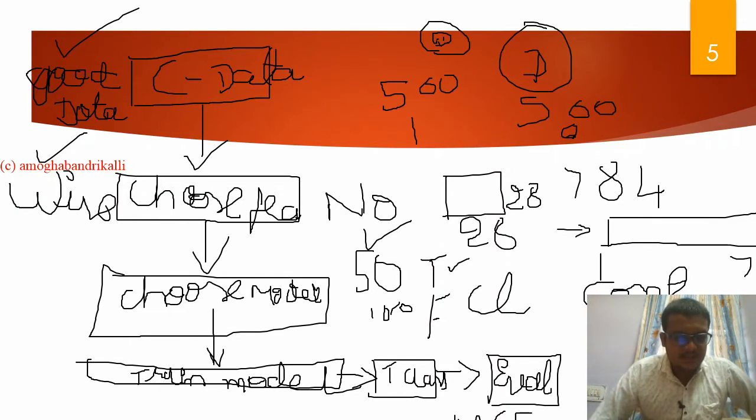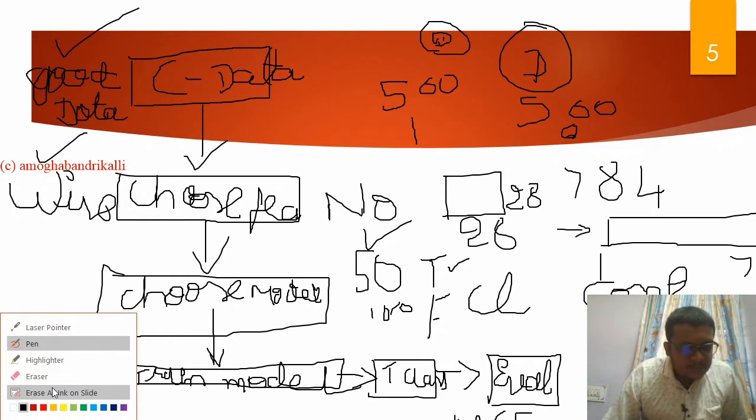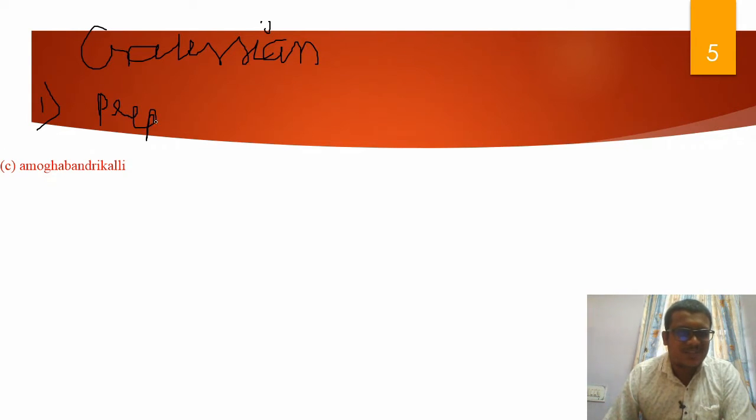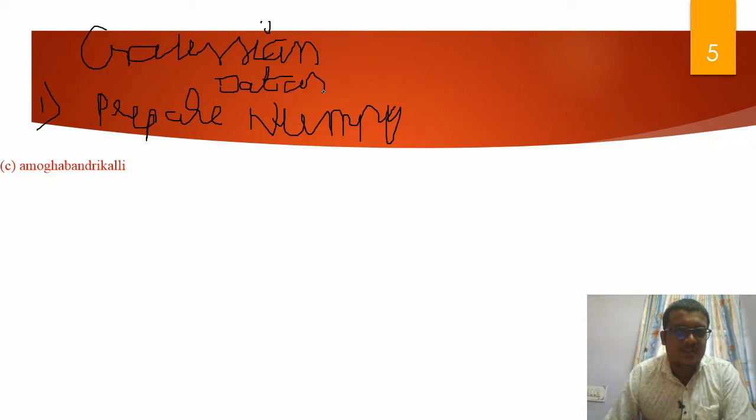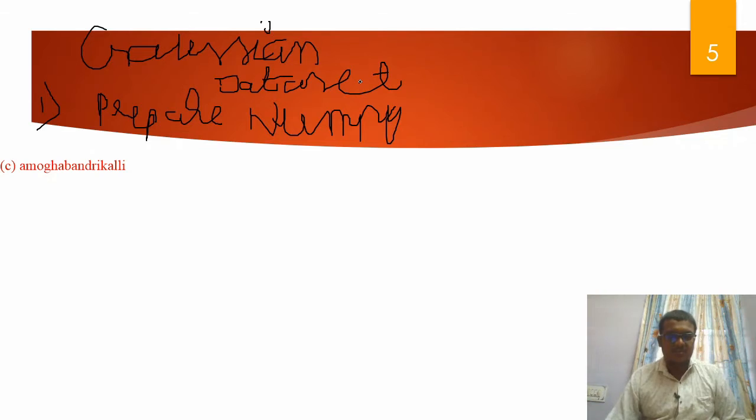I was telling about how to create a Gaussian Naive Bayes, so I am jumping to the Gaussian Naive Bayes. The first step is to create a data set. This is a random data set which has been created by NumPy. We are going to create a dummy data set which is used for the respective versions.